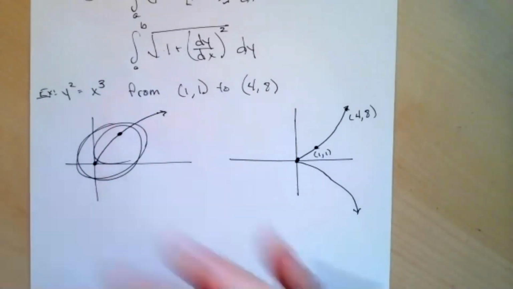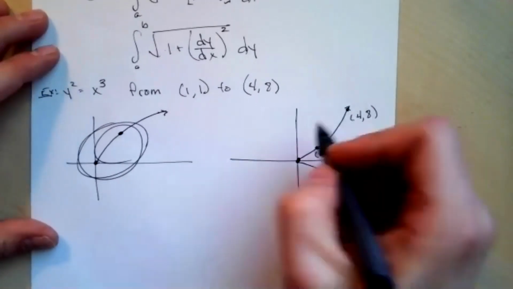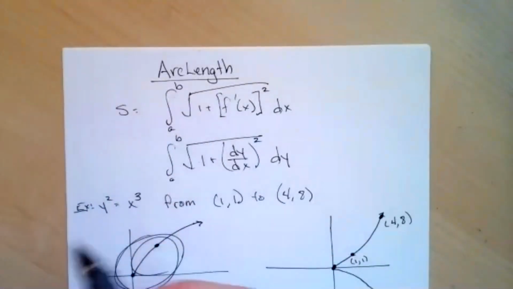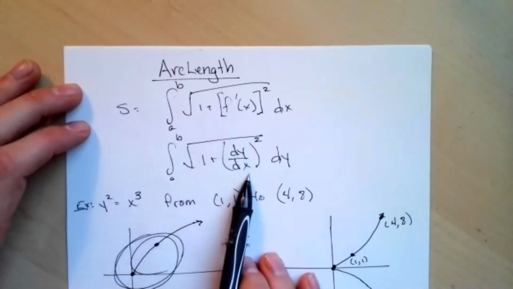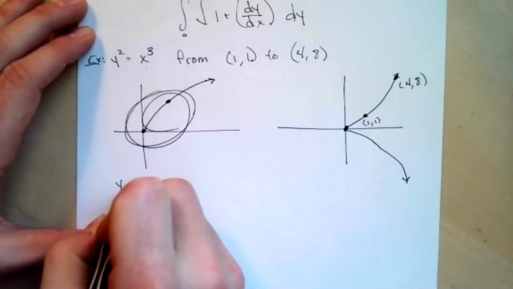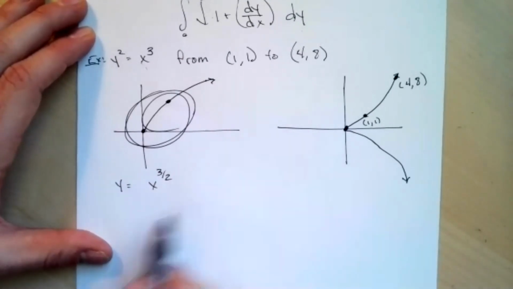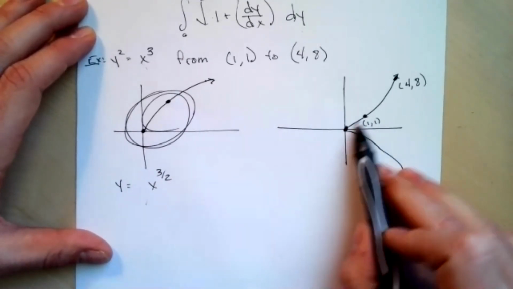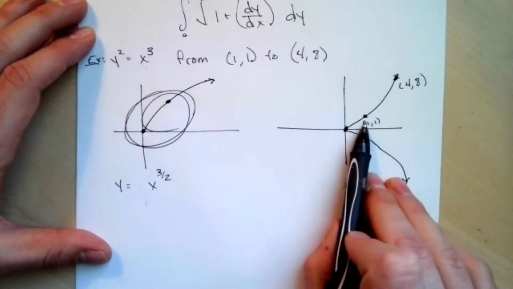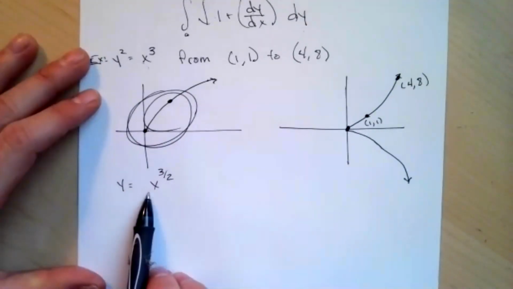So in many of these, when we have a curve that's defined just as an equation of x and y, you really have to determine which piece you are on, because in this formulaic method we need either a function of x or a function of y. So when we solve this, y is equal to x to the 3/2, we should have a plus minus here. The plus gives us the top half, the minus gives us the negative. So since we are traversing the curve from 1,1 to 4,8, we can use the positive one.